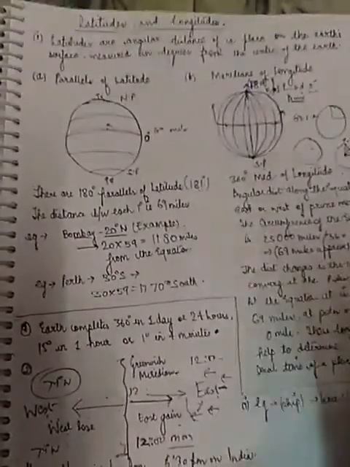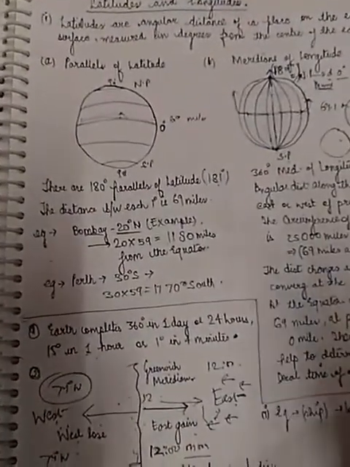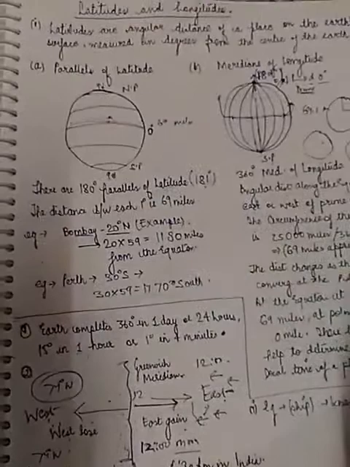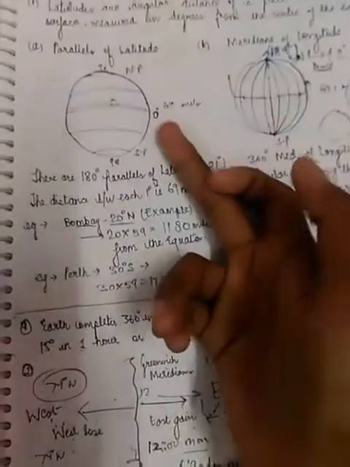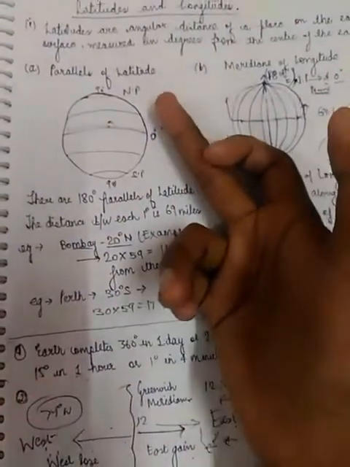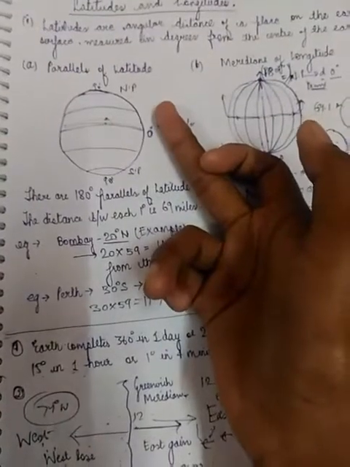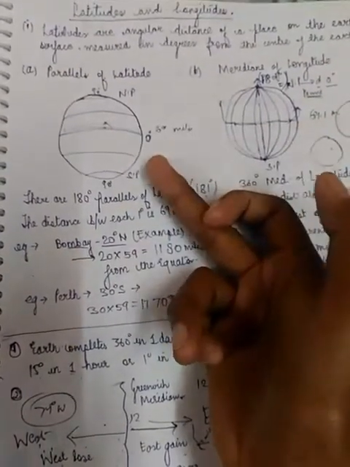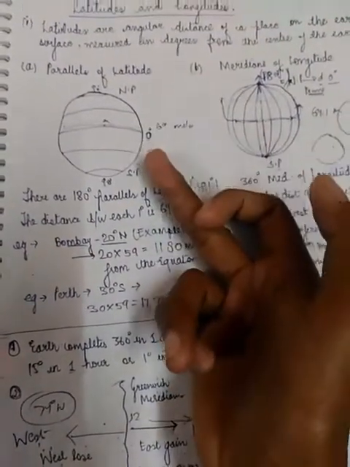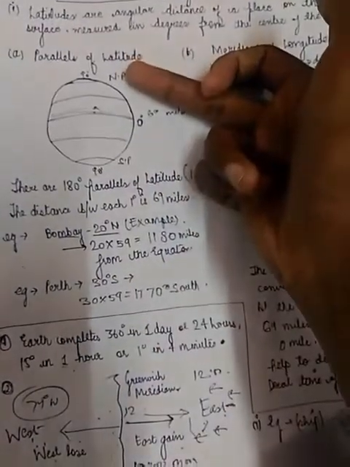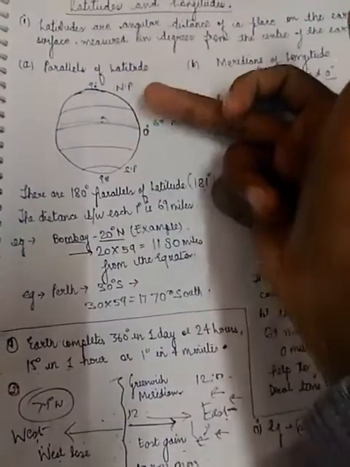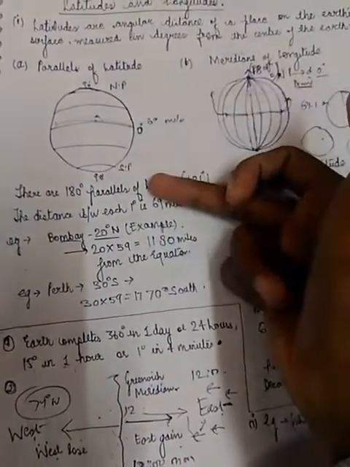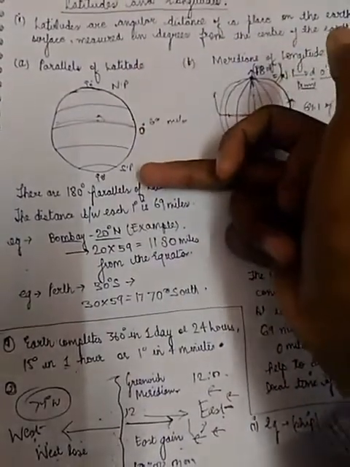Now let me tell you the various important latitudes, the parallels of latitude. 0 degree latitude is the equator. At 23 and a half degrees north and 23 and a half degrees south, we have the Tropic of Cancer and the Tropic of Capricorn. Here we have the Arctic Circle and Antarctic Circle at 66 and a half degrees north and south, and here we have the North Pole and the South Pole.